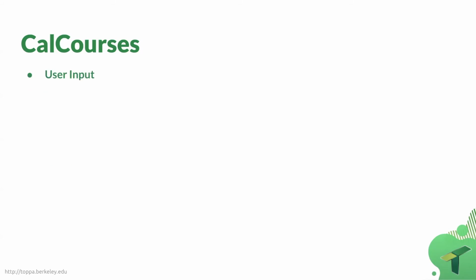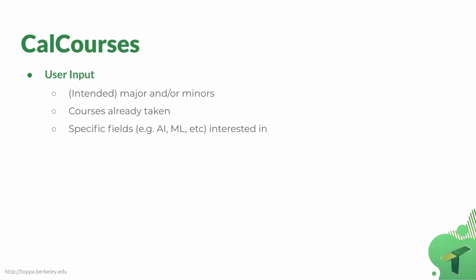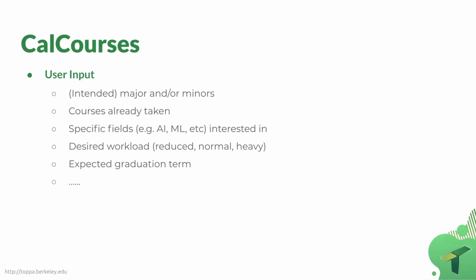This application will take in several user inputs, including the student's majors and minors, courses they have already taken, the specific fields they are interested in, their desired workload, expected graduation term, and so on. The output of this application would be a complete and unique course plan for that student for all his or her future semesters at Berkeley.